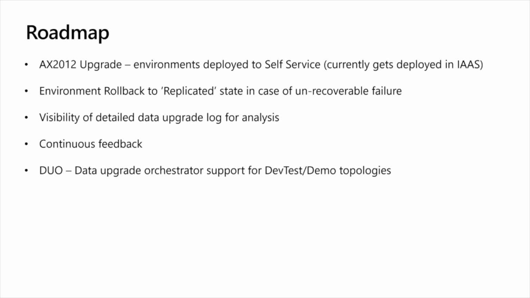So this capability we plan to bring in future, and looking at continuous feedback and improvement from communities, customers, and partners, we plan to bring similar data upgrade orchestrator support for dev test topology, right? So in dev environment or tier 1, you can actually have similar experience, right? So that's what we plan to cover.